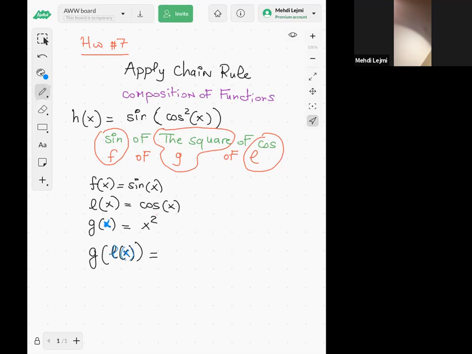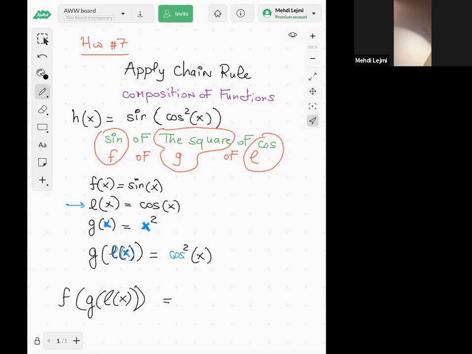L of x is cosine, so that would be cosine squared of x. That's my g of L of x.